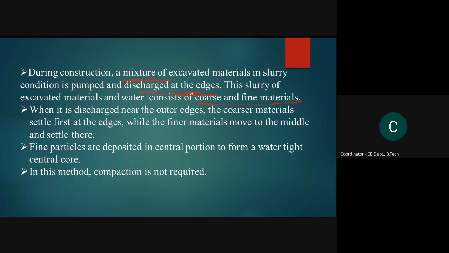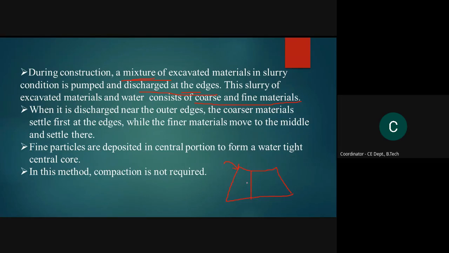So what happens next: when it is discharged near the outer edges of the embankment, the coarser materials settle first, while the finer materials move to the middle and settle there.